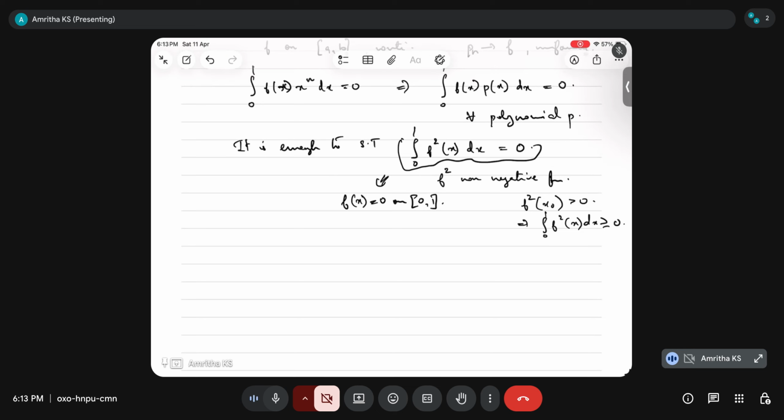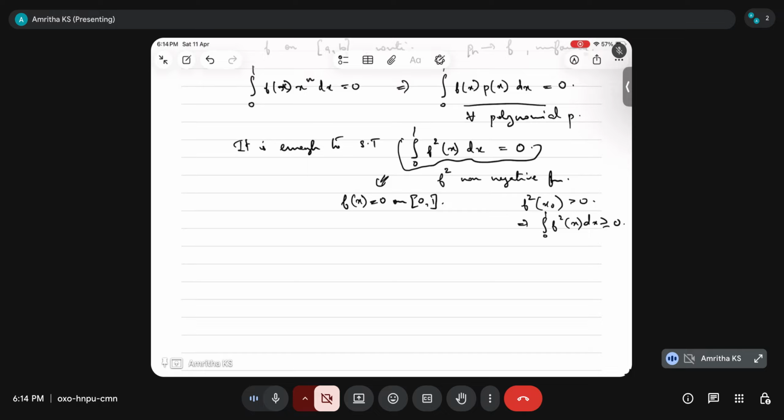Now we will try to show this. Here we only know about this integral, and the Weierstrass approximation theorem comes to our help.